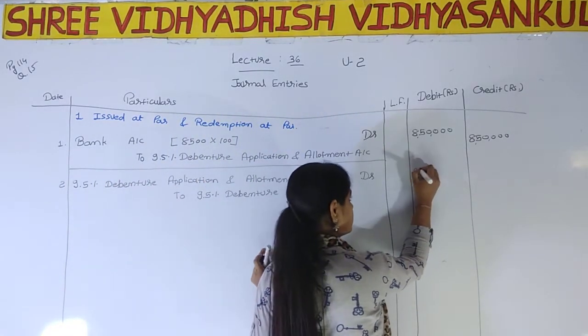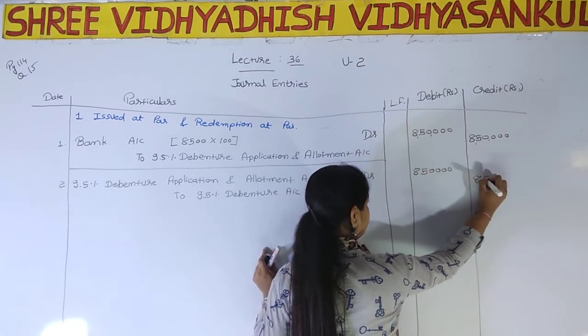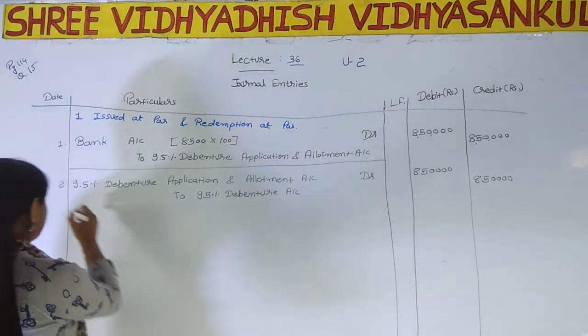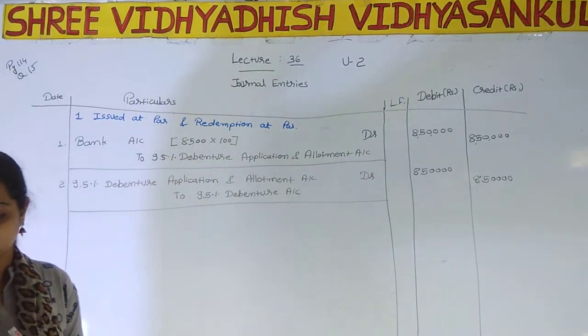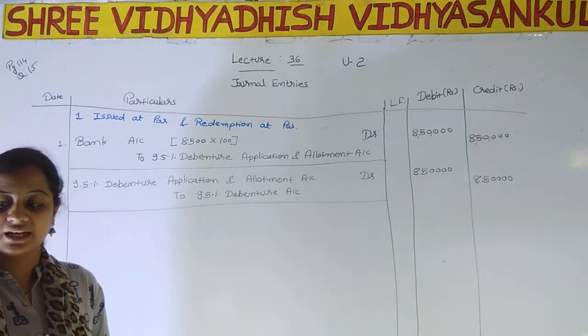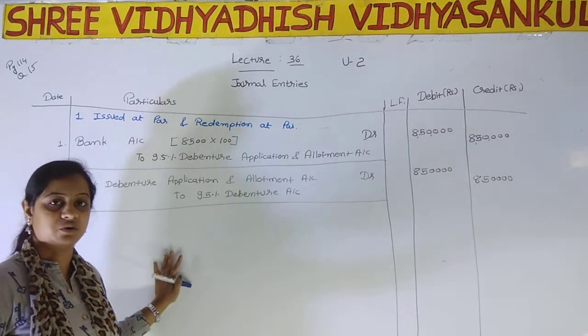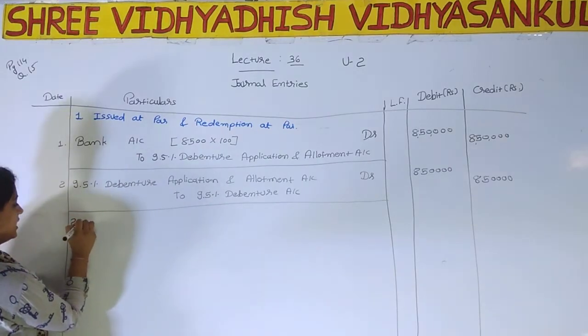Amount is 8,50,000. Right? So here we have completed the first condition. They have said to write only issued entry. That's why here we have completed the first. Now we have to do the second one.